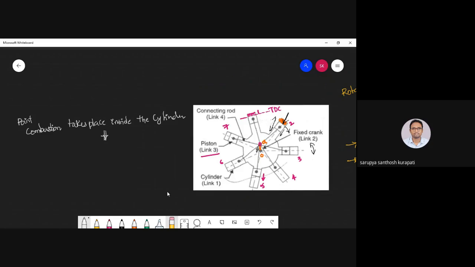What happens if combustion takes place? Input force, that is whatever the heat energy is there, comes or exerts onto the piston.